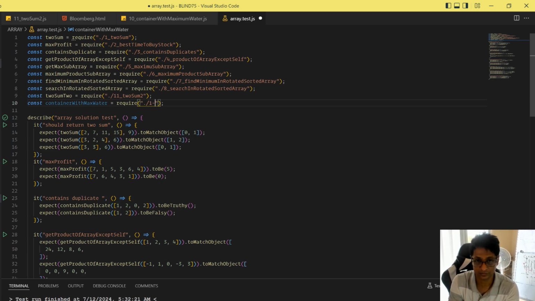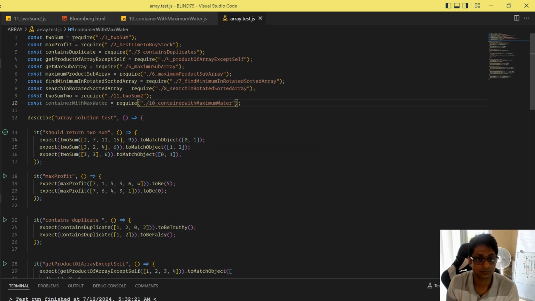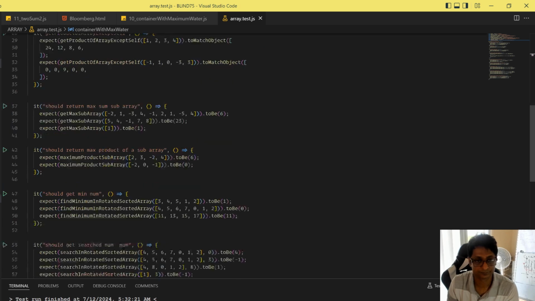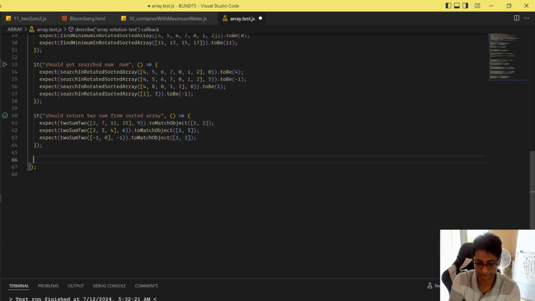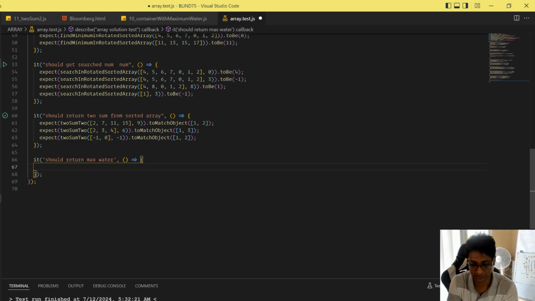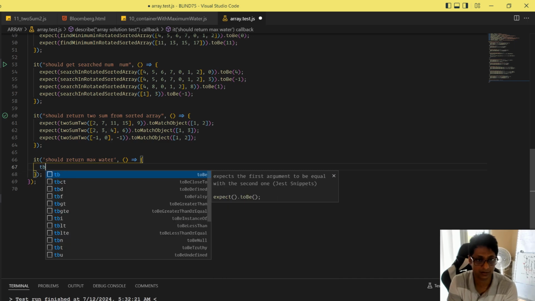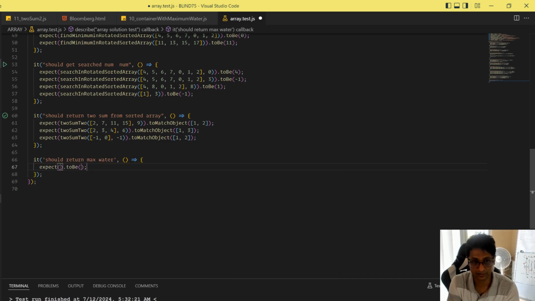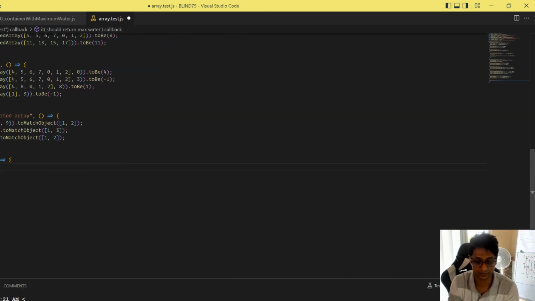Container with max water, return max water. Now what we're going to do is expect container with max water.